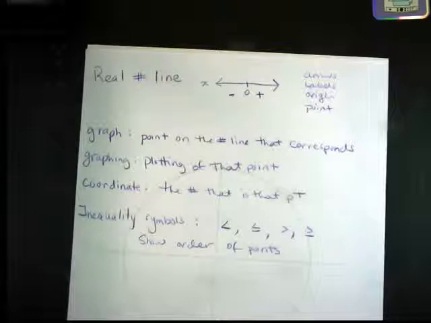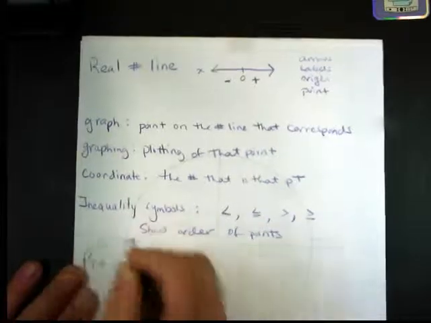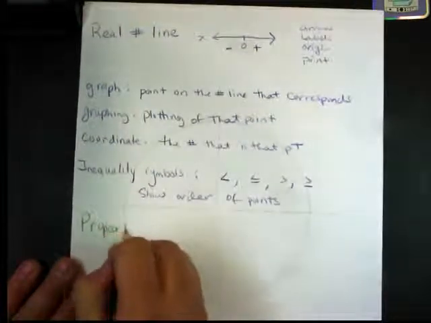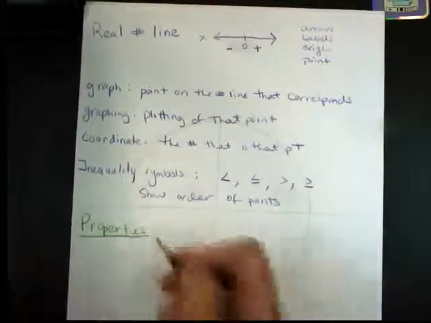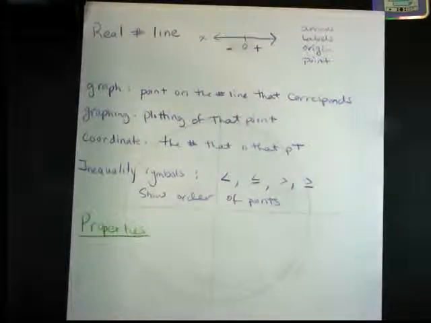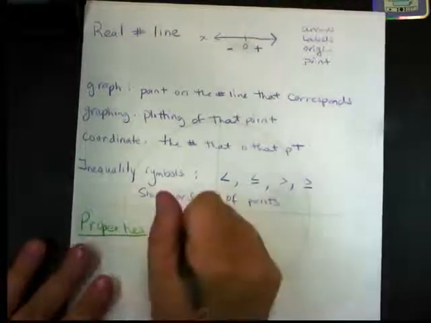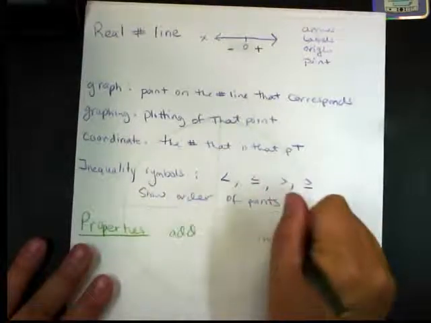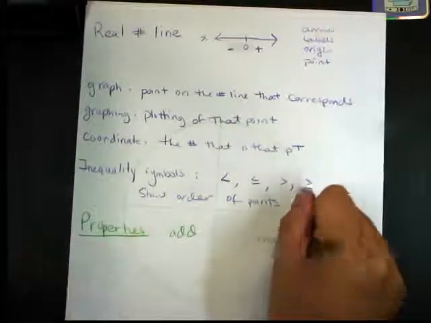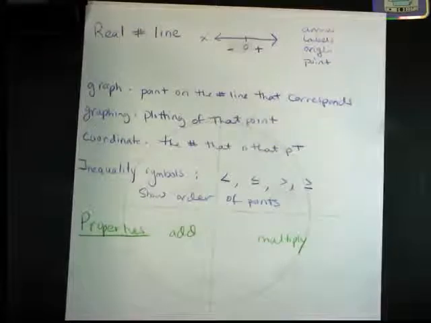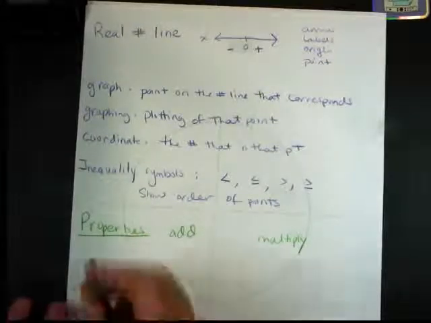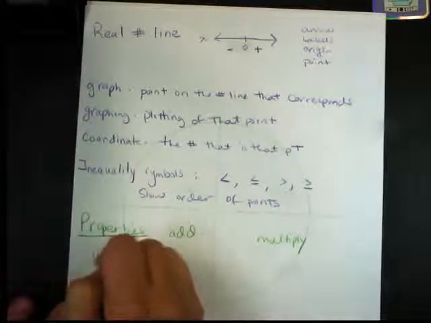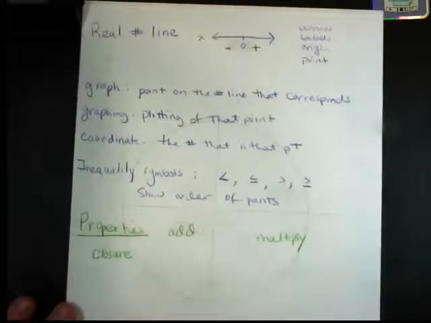All right, the next piece of information we have are called the properties. When it comes to properties of our real numbers, the properties only relate to add and multiply. The first one is called the closure property.